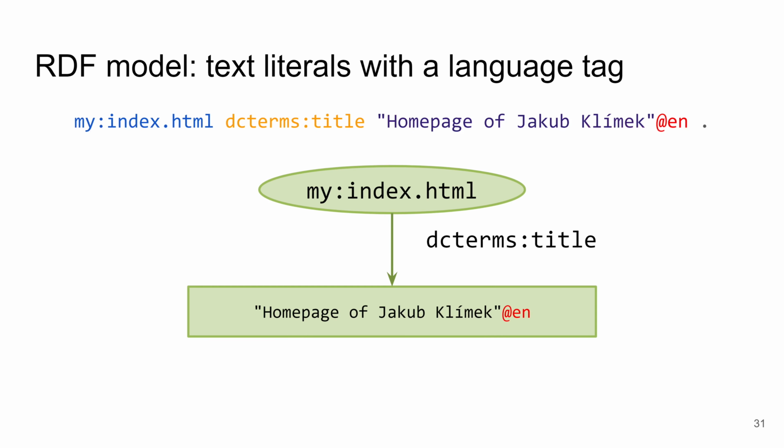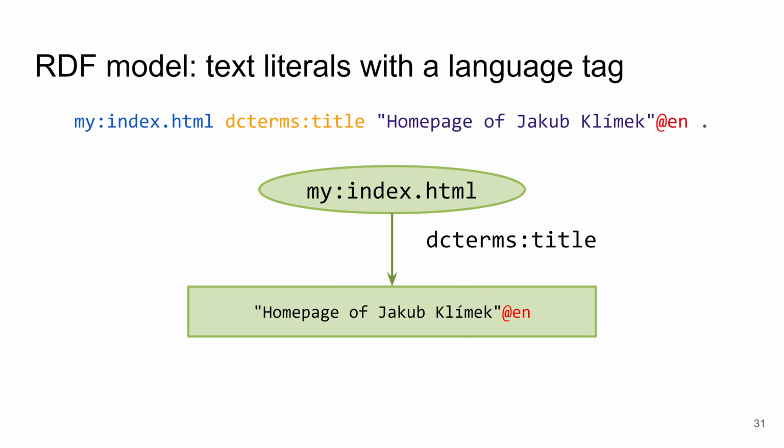But that's not all. When literals contain a text in a natural language and not a data type value, it is necessary to specify in which language the text is. This is because RDF is made for the web, and the web is quite inherently multilingual, so it is always good to know the languages of texts in the data.